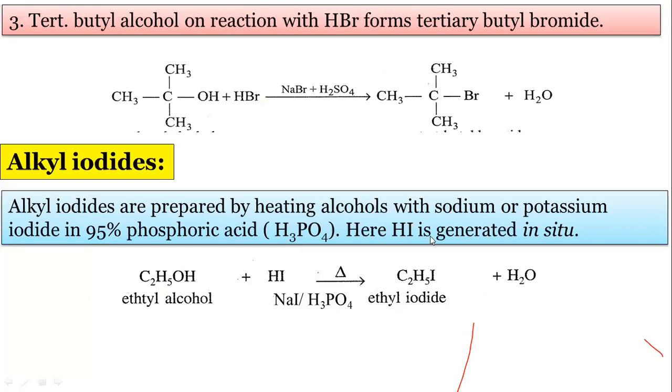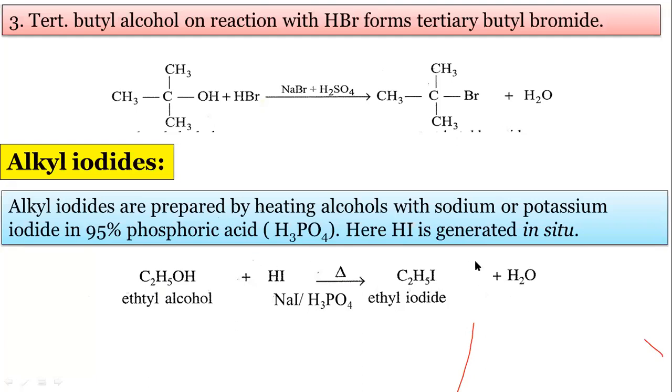Again, HI is generated in situ. HI being unstable, it is prepared at the time of reaction mixture using sodium iodide and H3PO4. HI is prepared and then it reacts with alcohol. OH is again replaced with iodine and a water molecule is removed.